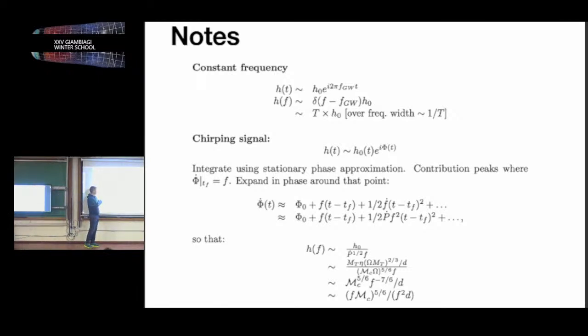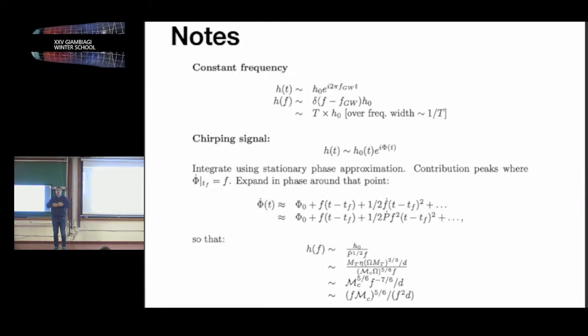And when it's emitting at a given frequency, the order of magnitude is given by this, okay? You can check that this has the right units. h0 divided by f has units of time, okay? And there is a p dot to the 1/2 there. The reason why p dot enters here, I think, is easy to understand. You can do the math, but the thing is changing its frequency, right?